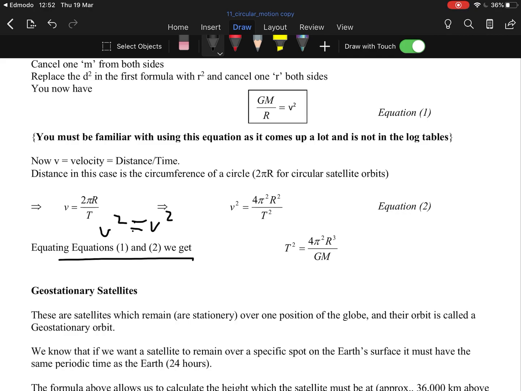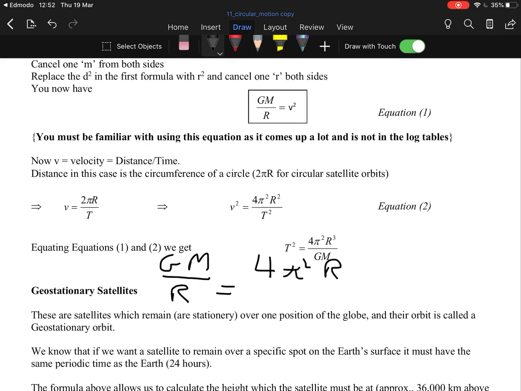So v squared equals v squared basically tells us that GM over r equals 4 pi squared r squared over t squared, and you have to make t squared the subject.